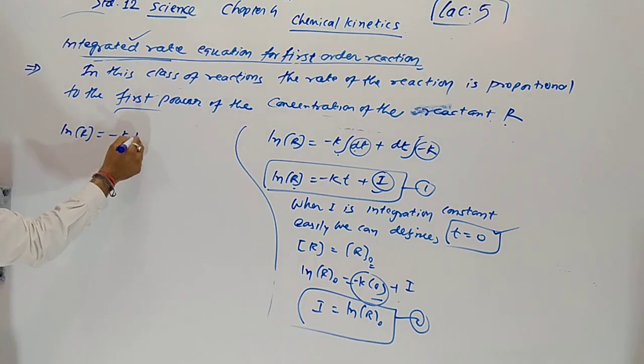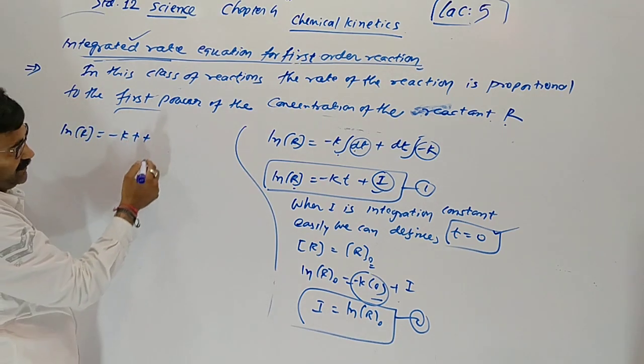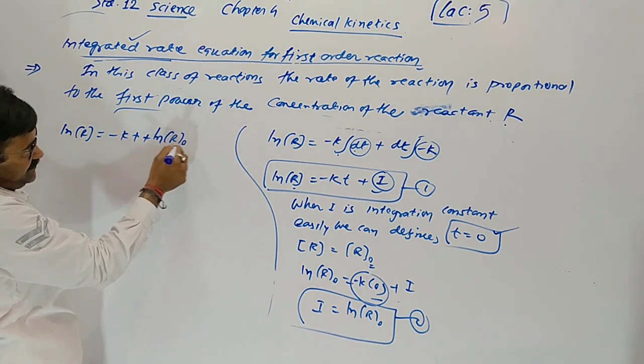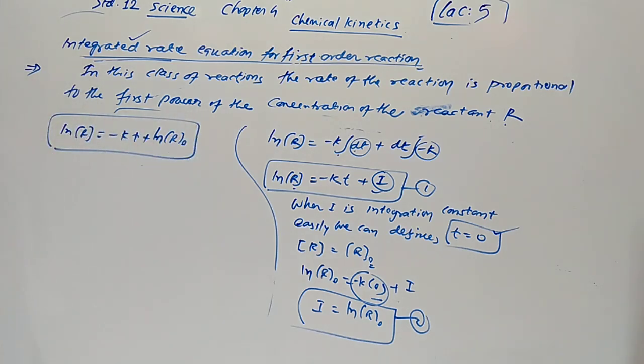So ln R equals minus kt plus ln R0. Understood? R means concentration at time t. R0 means initial concentration.